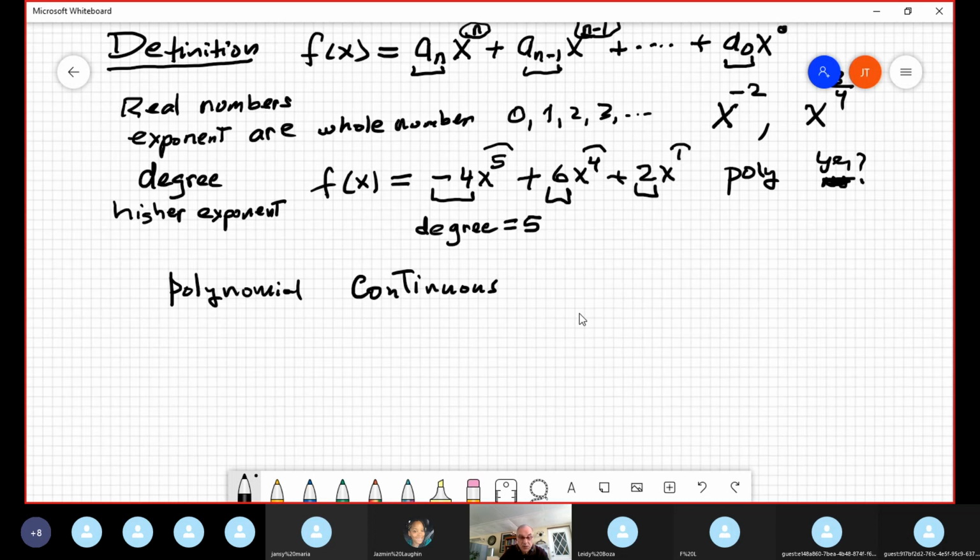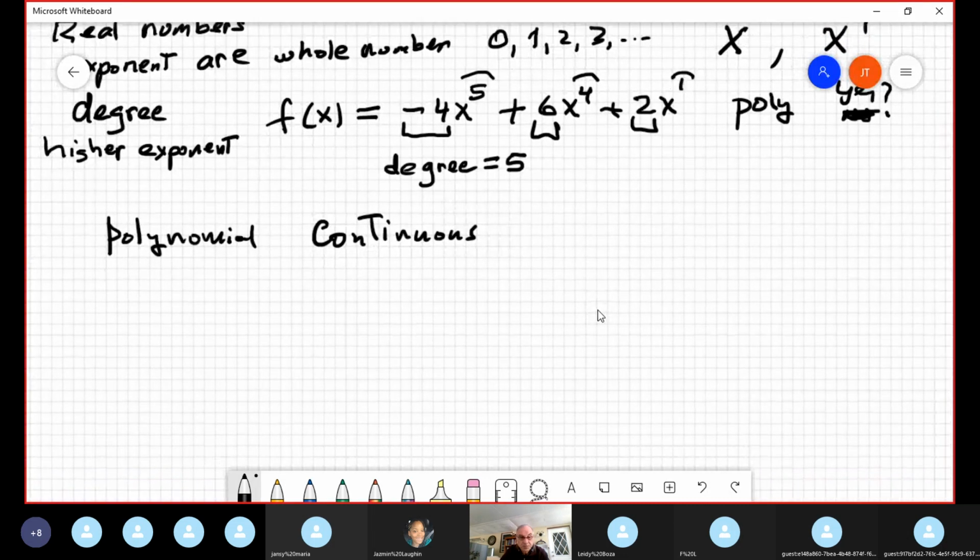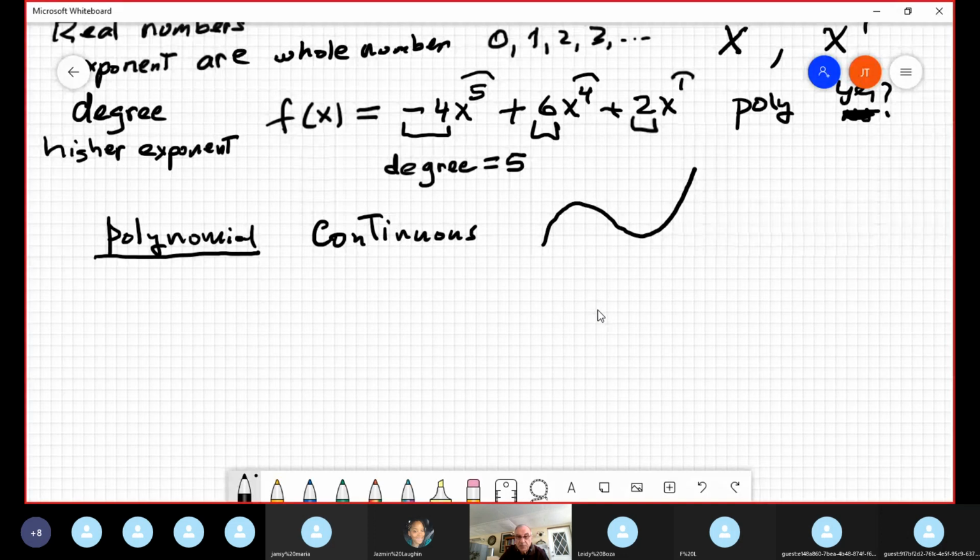Continuous is, without too much mathematics, when you can draw the graph of the polynomial and write like that without lifting the pencil from the paper. So no, we do not have that situation. Okay, this is discontinuous. It never happens in a polynomial function.